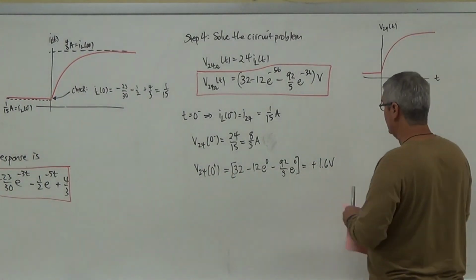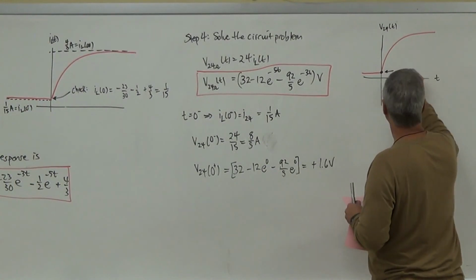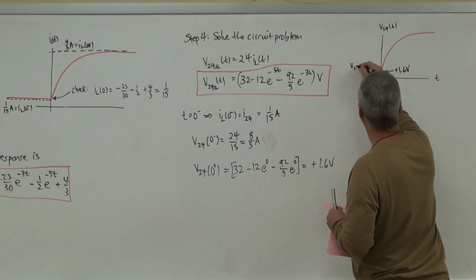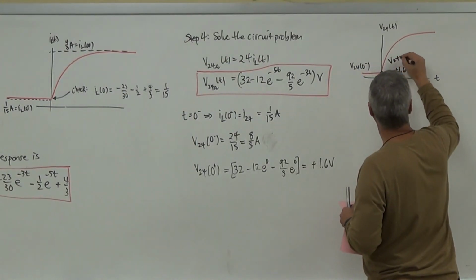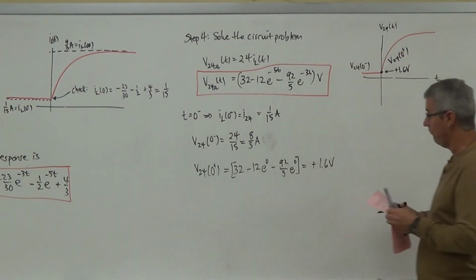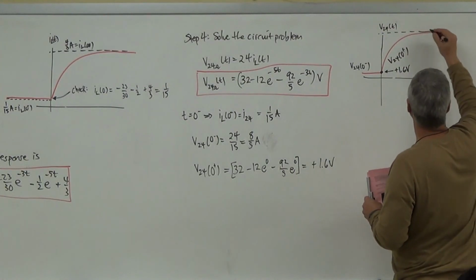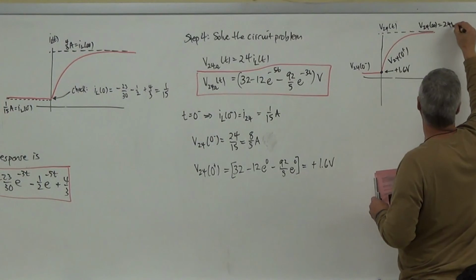So with this point here, I have some crazy number in my notes here, which then tells me that this is V24 at 0 plus. And then of course, that value up here has to go to V24 at infinity, which would be 24 volts.